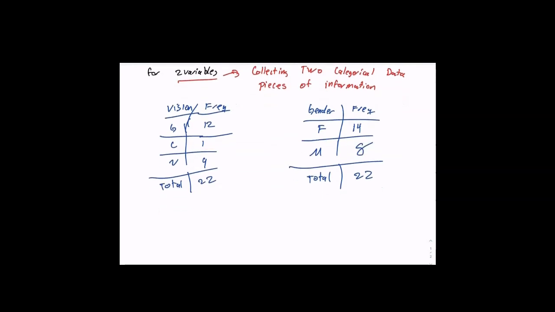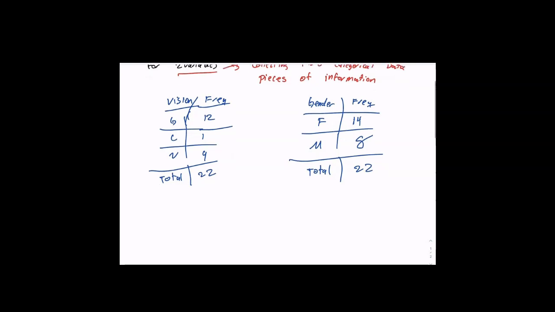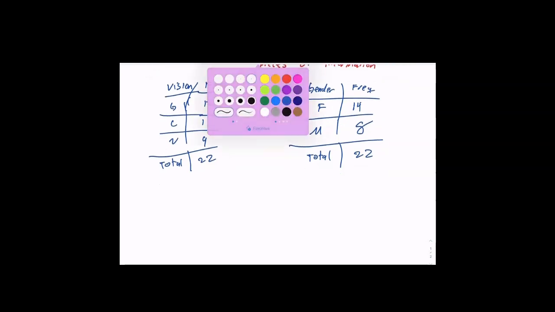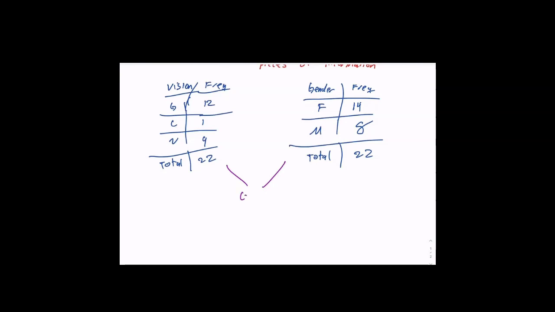So what I've done is I've shown you in table form, as a frequency table, each variable by its own. But what we're going to do today is combine them into one table.